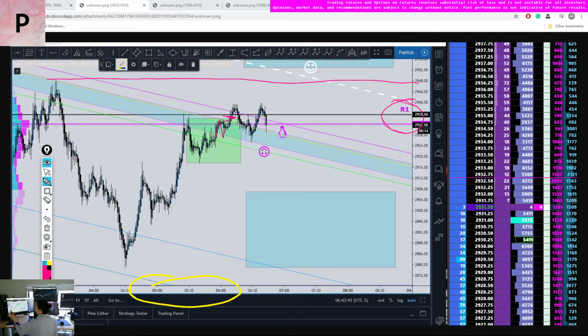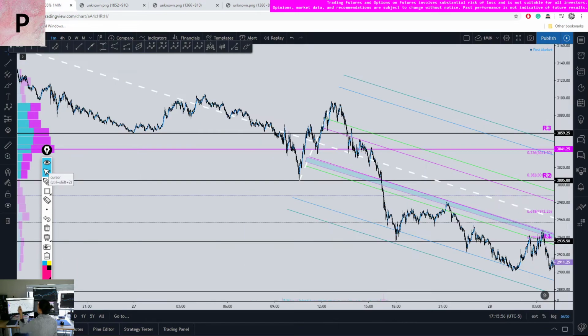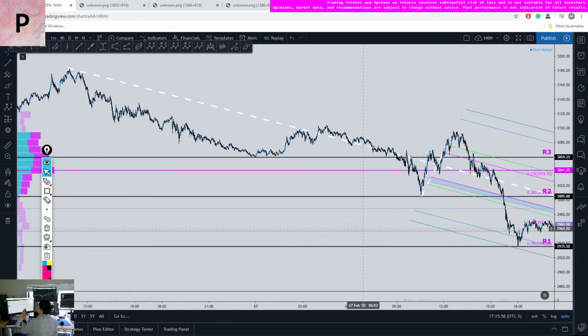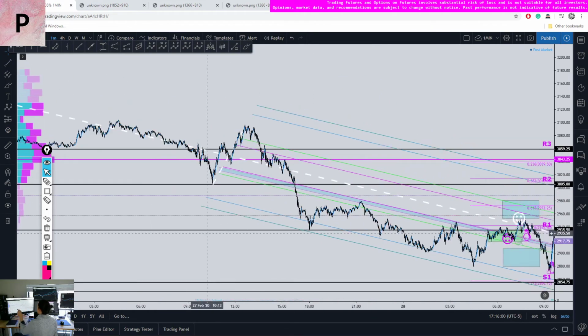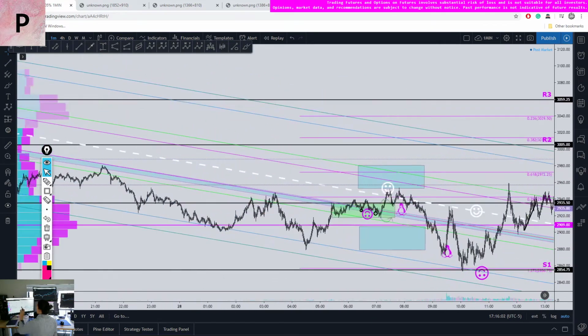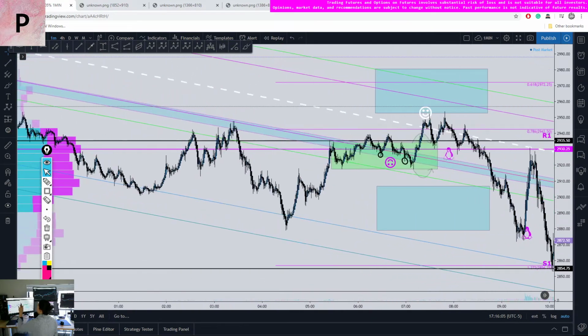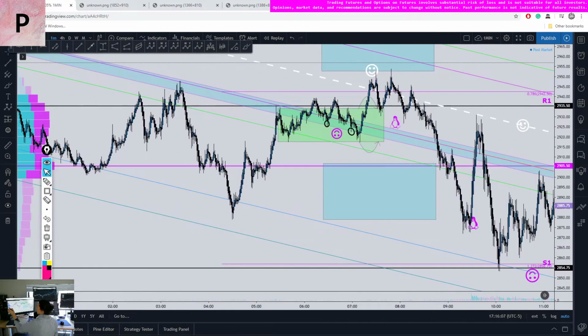And guys, remember what I said: old support is new resistance. Everybody's heard that before if you've ever looked at any trading education. If I were to show you R1 now, or R3 rather, no, I'm sorry, R1, you can see that it is living right here, this line here.